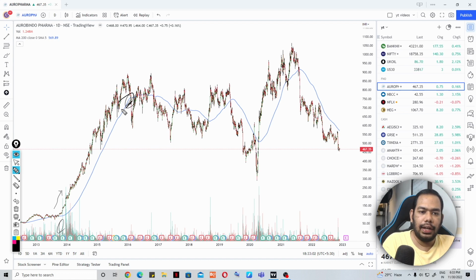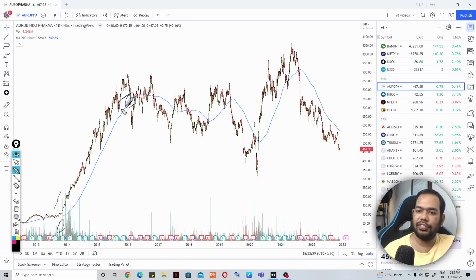So you can see in 2016 when its fundamentals got a little bit shaken up, you will see this kind of behavior in the stock. Now in 2014-16, in any pharma counter, you will definitely see a very good rally because of the change in fundamentals due to the policies in the USA.